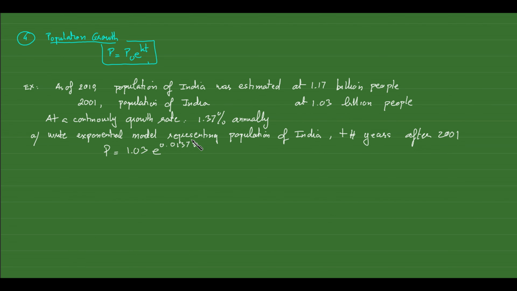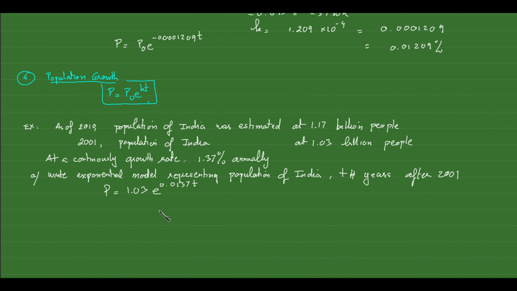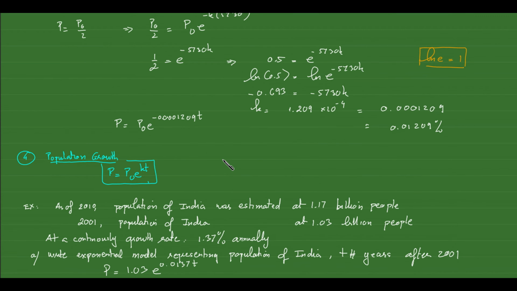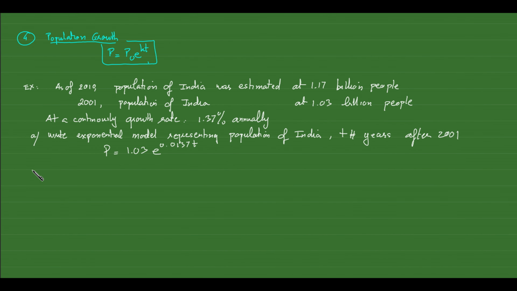There you go. It's the same as last time. We got k, which is a very small percentage, and they give you the percentage. Last time we had to find k, but here they just want you to write a model. So that's part A.